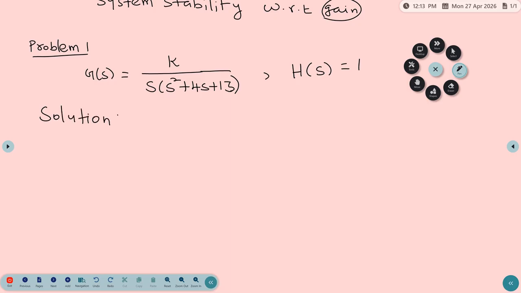So here 8 steps are there. Step number 7 and 8 may be used for some problems, may not be used for some problems. That depends upon the given problem or the given G(s) value. So now we will see one by one. Step number 1 is we need to locate the poles and the zeros in the graph sheet.